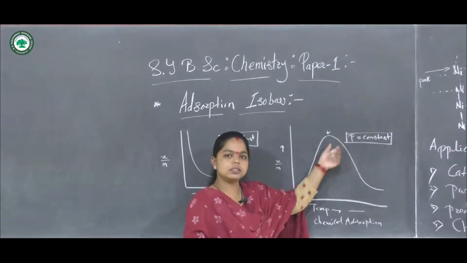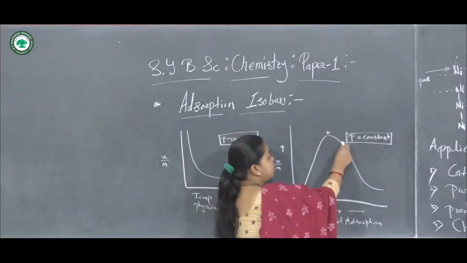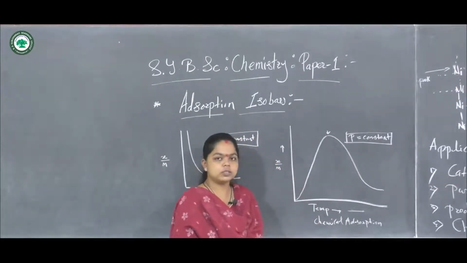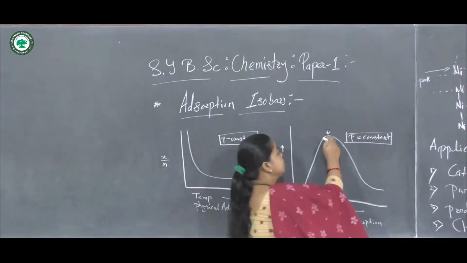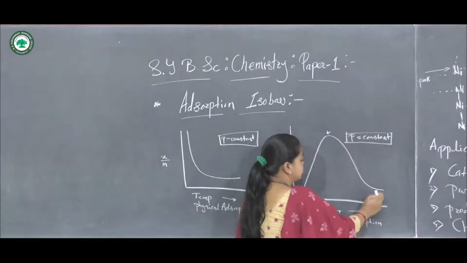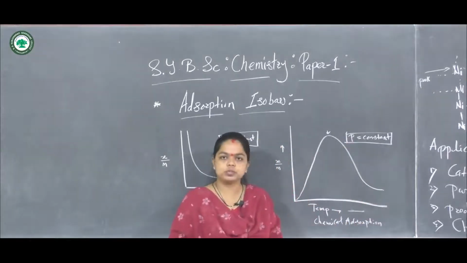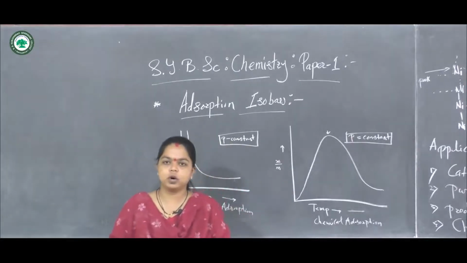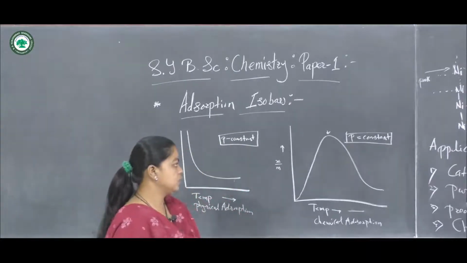Further, if we increase the temperature, bonds go on breaking, there is no more adsorption, and therefore the adsorption process goes on decreasing. This is the explanation for the adsorption isobar.